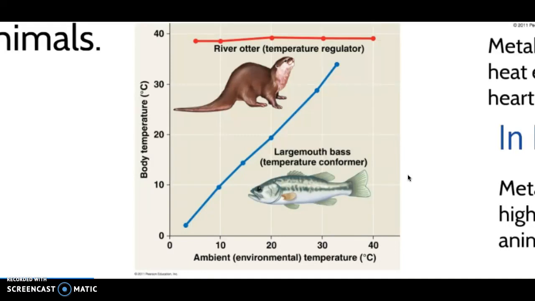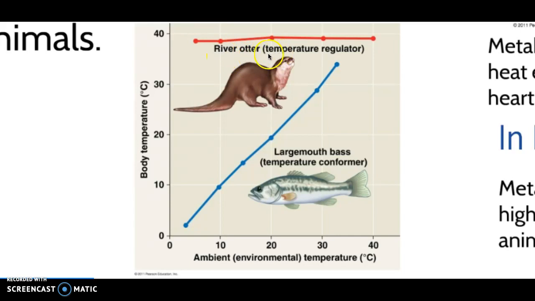changes as the environmental temperature changes. So if you look at the x-axis, it is the ambient environmental temperature, and it goes up from the left side to the right side. And then the y-axis is how the body temperature changes as the environmental temperature changes. An example given is the river otter for the endotherms.